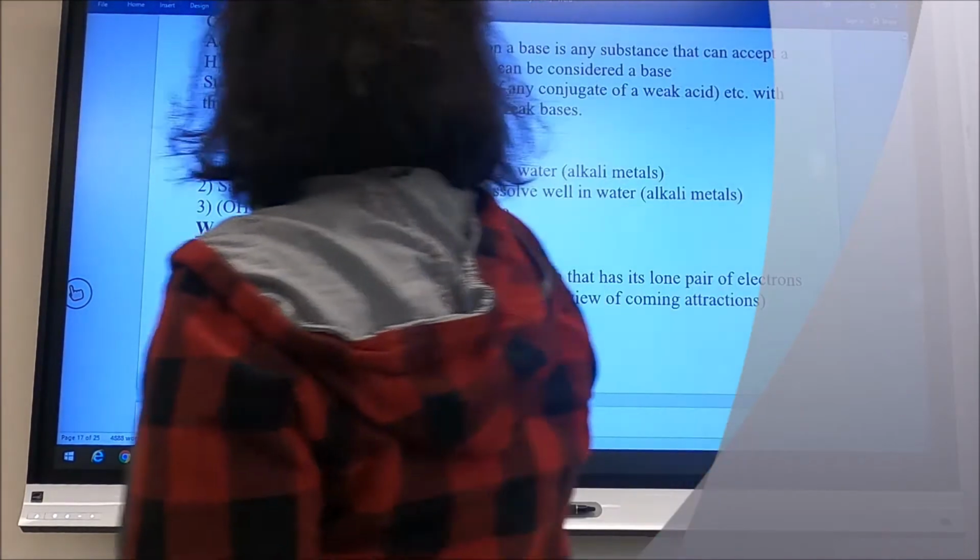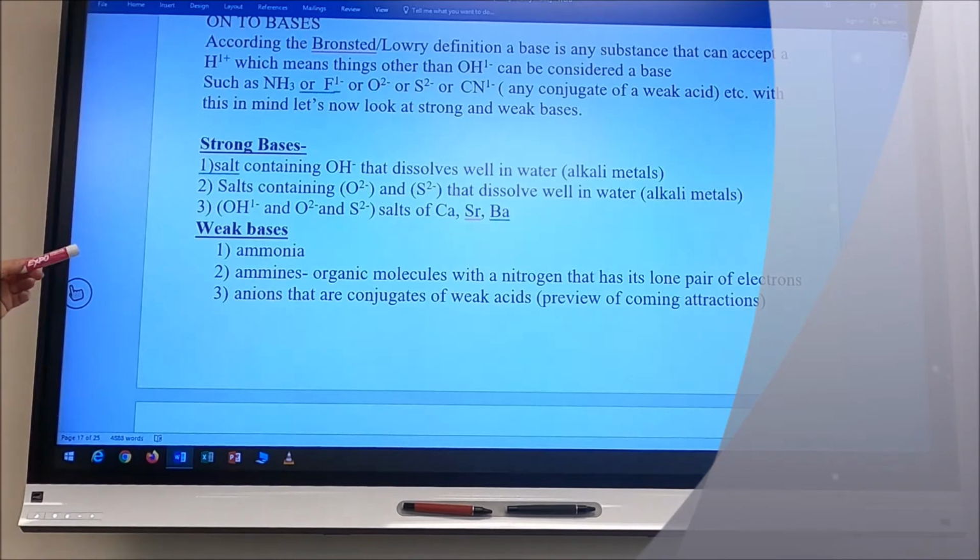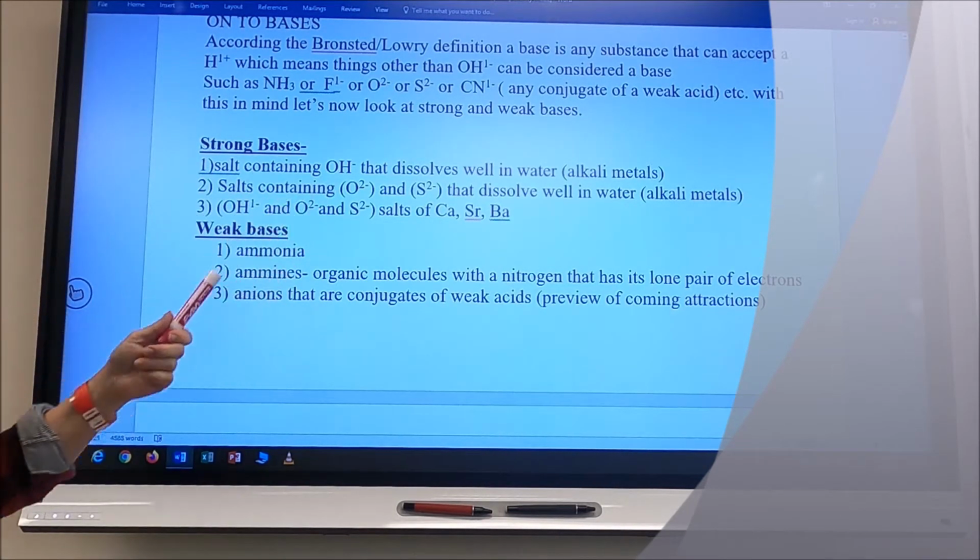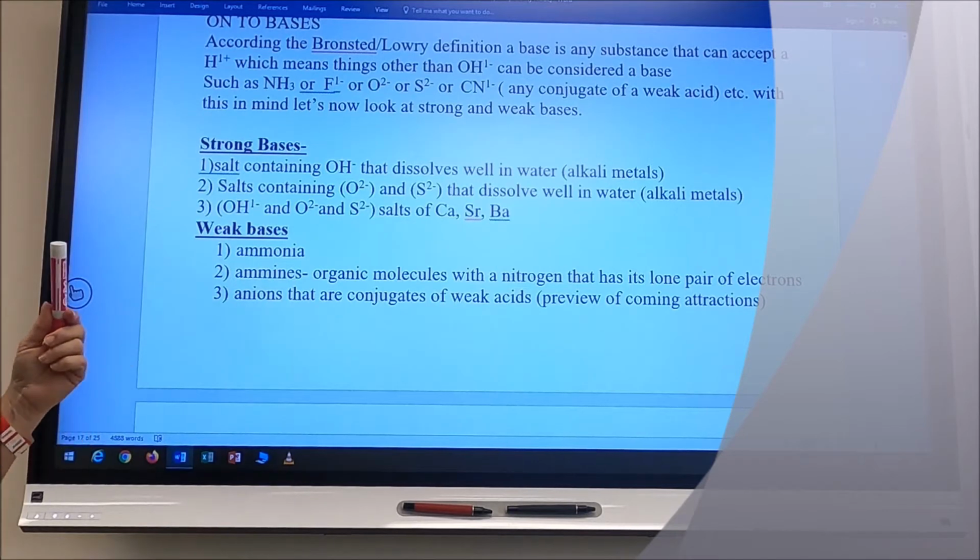Now, a strong base is a salt that contains a hydroxide ion and dissolves well in water. The alkali metal hydroxides, sodium hydroxide, potassium hydroxide, lithium hydroxide, are all strong bases. Salts that contain oxide ions and sulfide ions that dissolve well in water are strong bases.